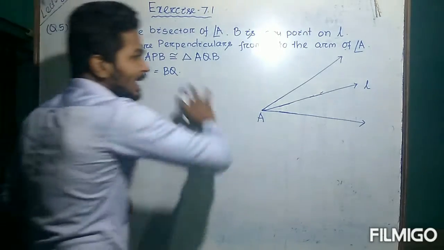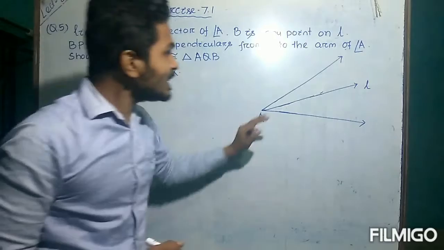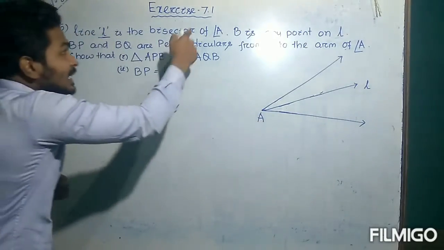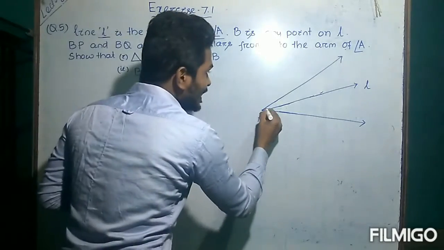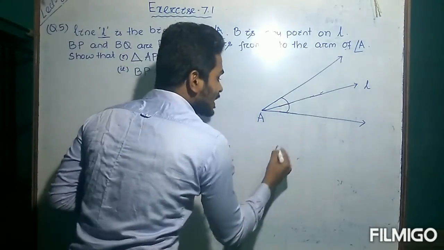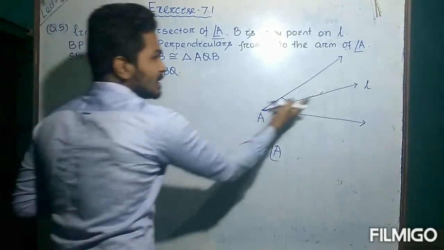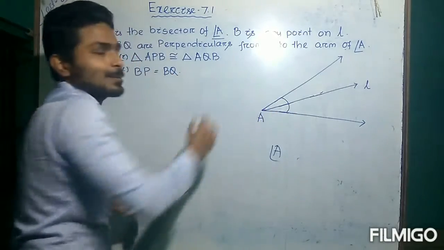As you can see, according to question number 5, there is a figure, and in this figure, the line L is the bisector of angle A. This is an angle, and its name is angle A. Now, the line L, this ray or straight line L, bisects this angle.